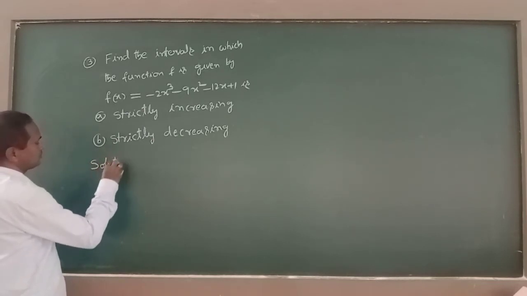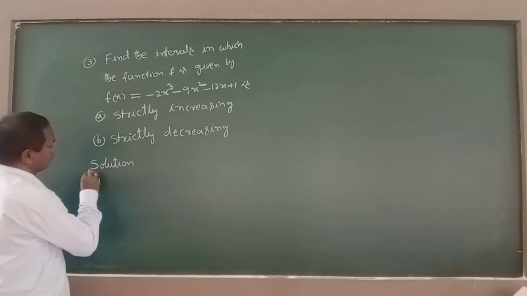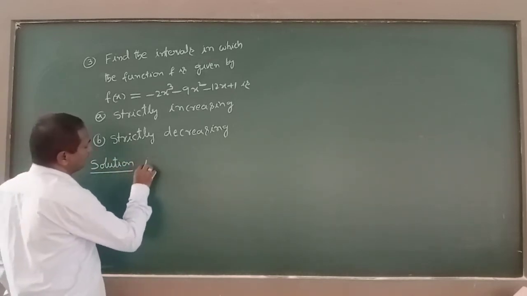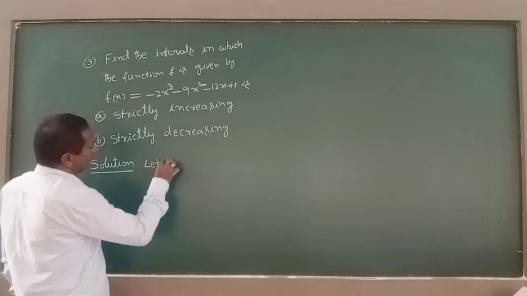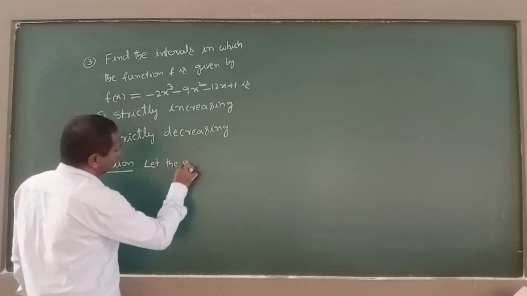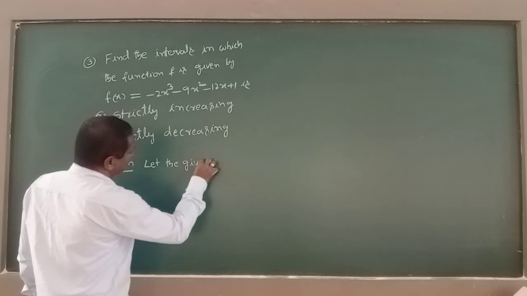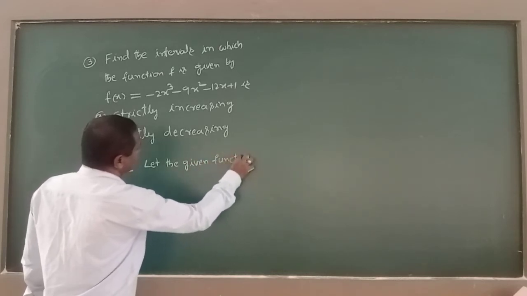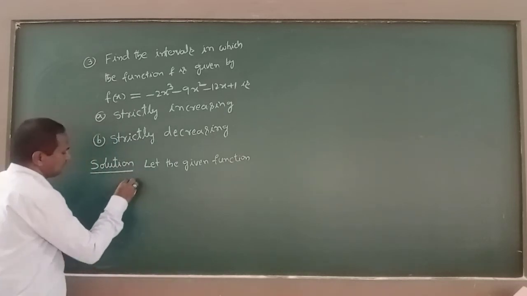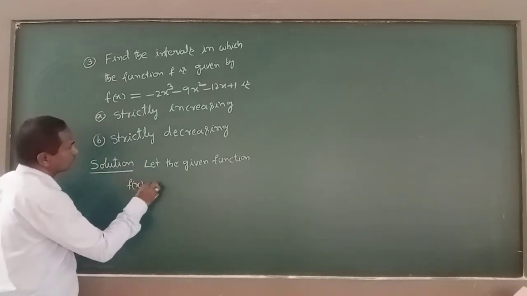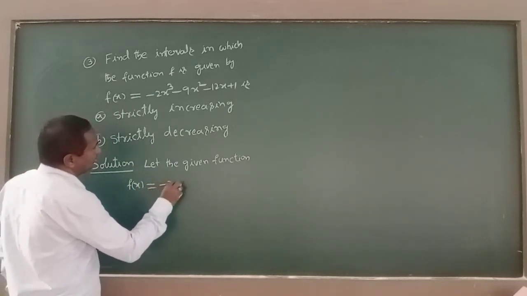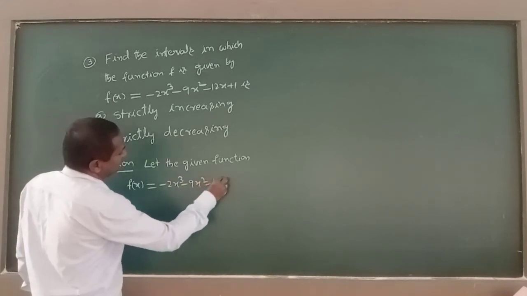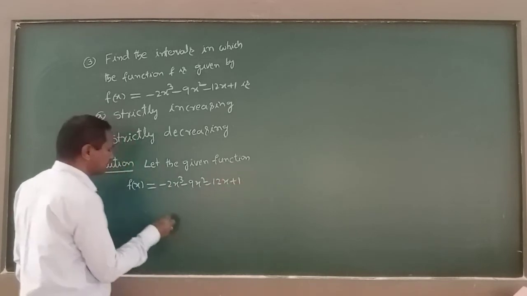Solution is, let the given function f of x be equal to minus 2x cube minus 9x square minus 12x plus 1.